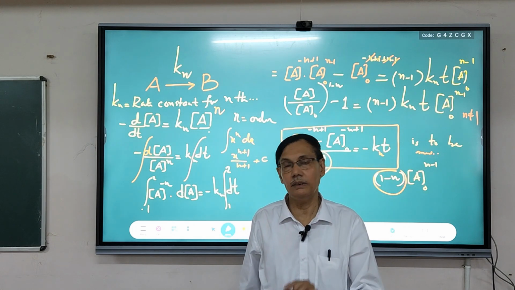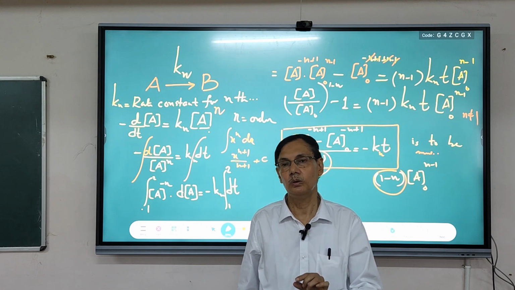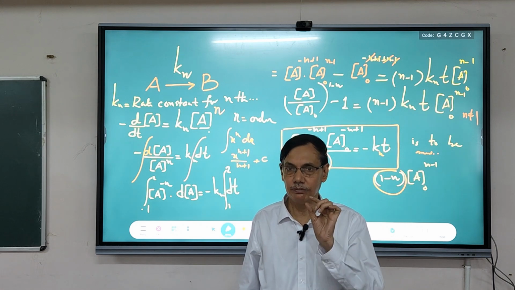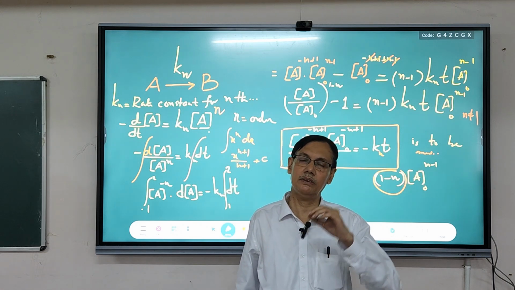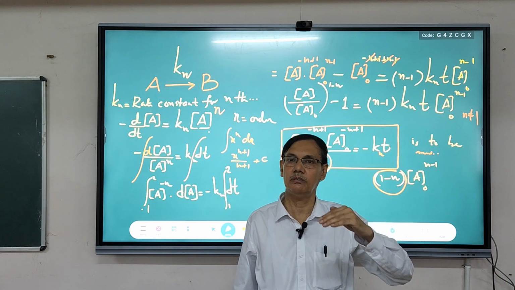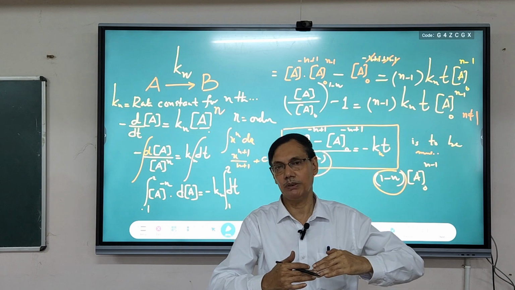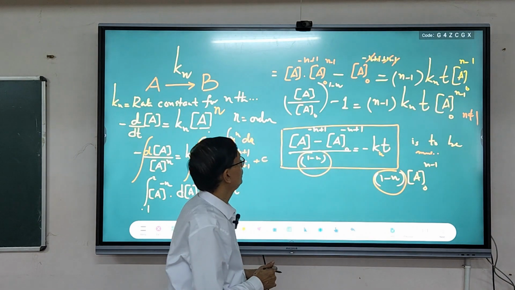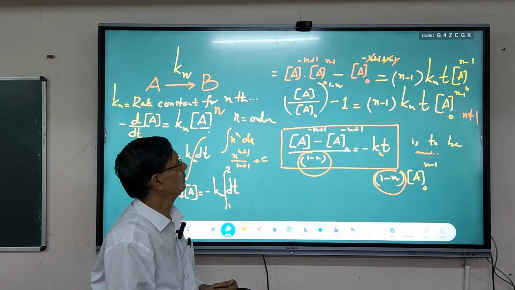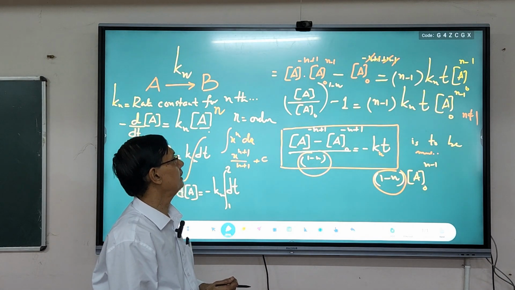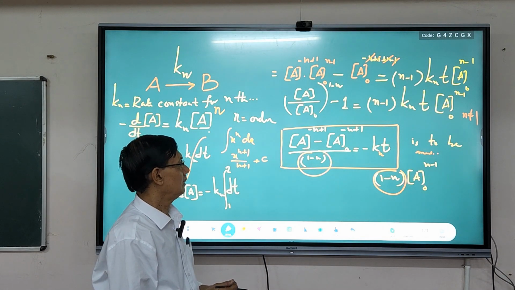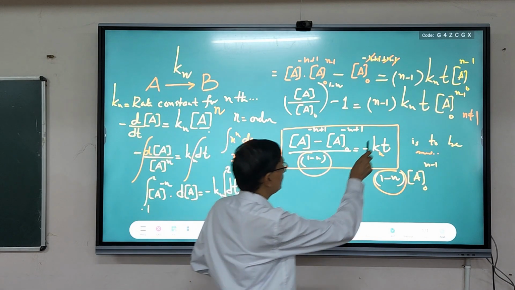So it is very important to know the half-life period. Half-life is when the concentration of the reactant is 50%. So I have to determine the half-life period of that equation. So this is actually important.